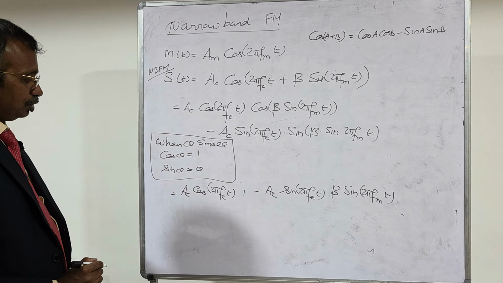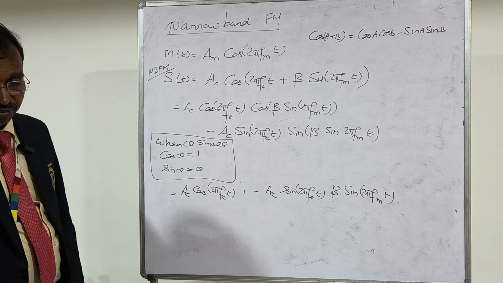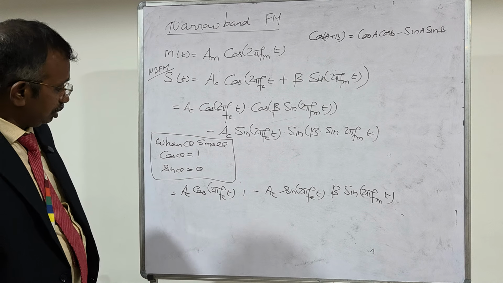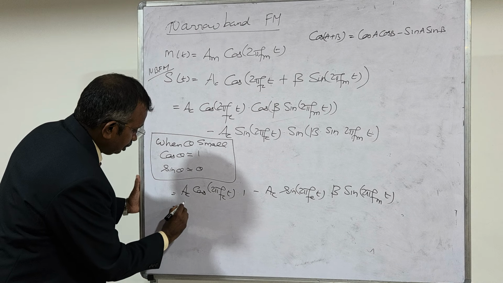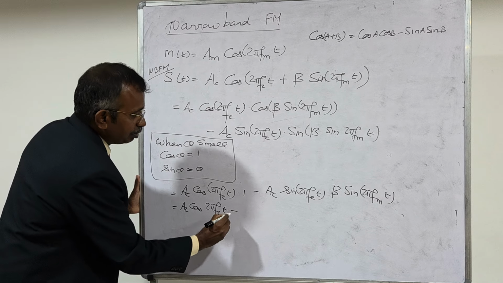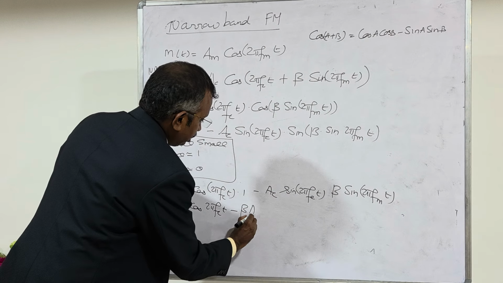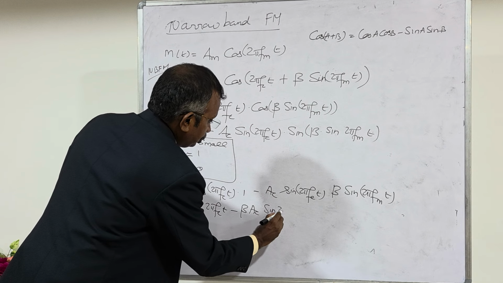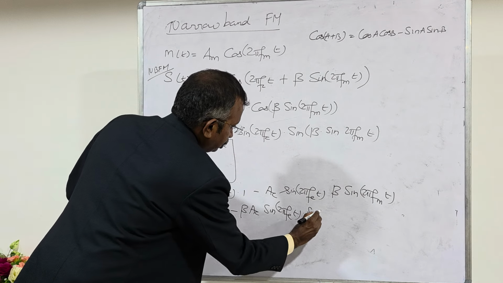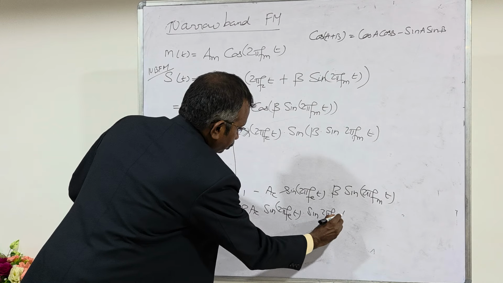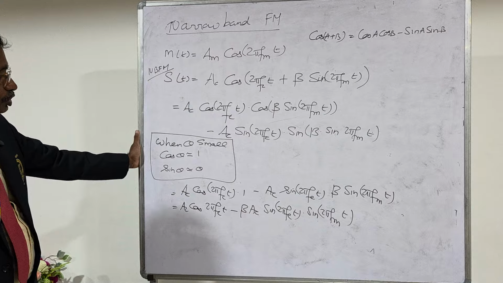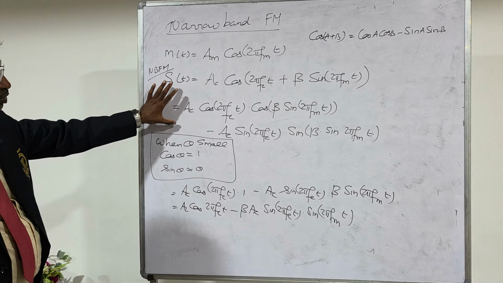So, I can write this as Ac cos 2 pi fc t minus beta Ac into sin 2 pi fc t into sin 2 pi fm t.